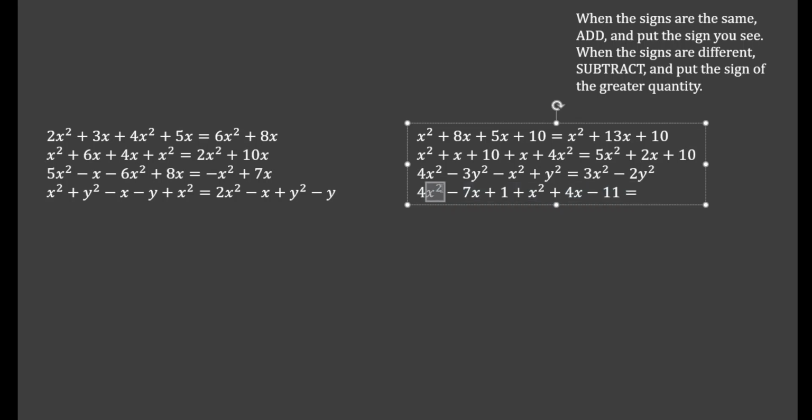So our x squared terms can be combined, and that would give me 5x squared. X terms, minus 7x plus 4x, can be combined, and that will give me minus 3x. Signs are different. 7 steps backward and 4 steps forward would give me minus 3. And our 1 plus minus 11 would give me minus 10.